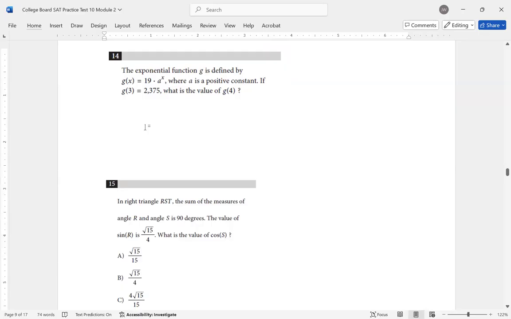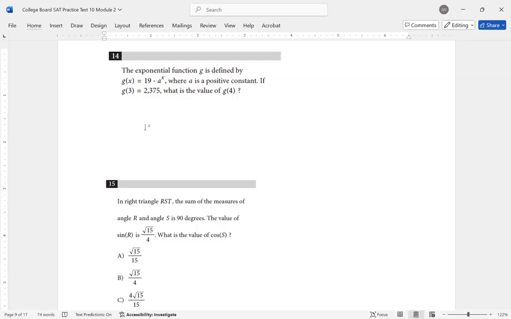Question 14. The exponential function g is defined by g of x is equal to 19 times a to the x power, where a is a positive constant. If g of 3 is equal to 2375, what is the value of g of 4?